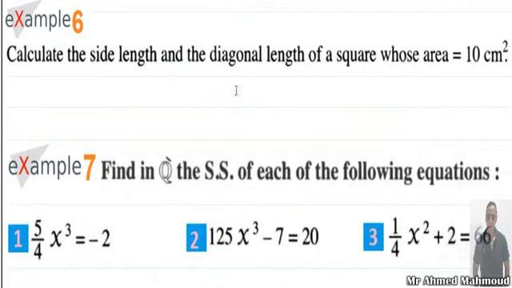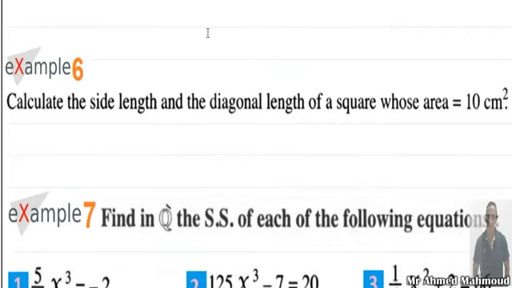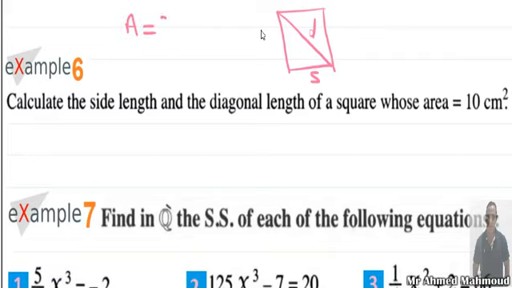Calculate the side length and the diagonal length of a square whose area is 10 centimeter squared. Again the square: this one is called the side and this one is called the diagonal. Area of square equals side to the power of 2, or area of square equals half times diagonal to the power of 2.